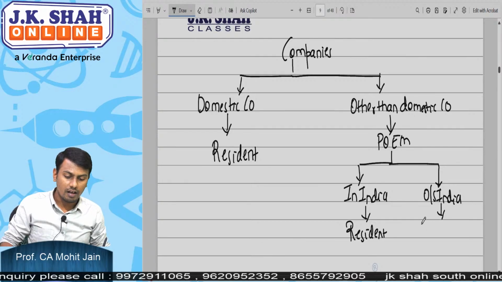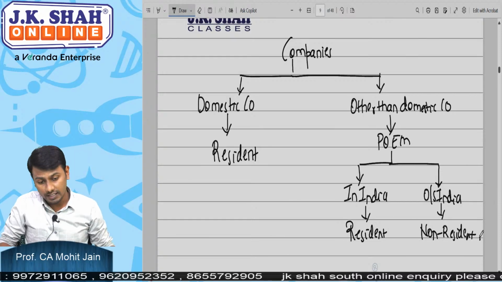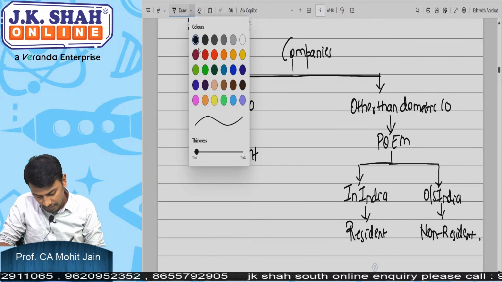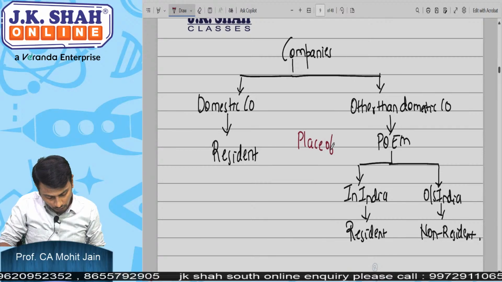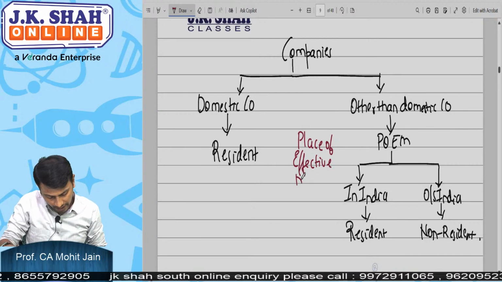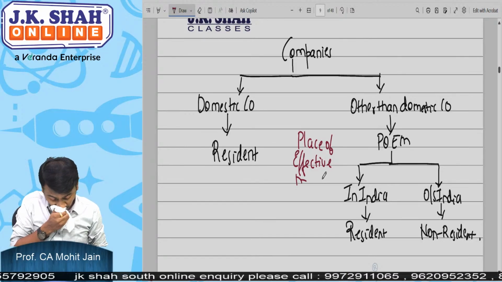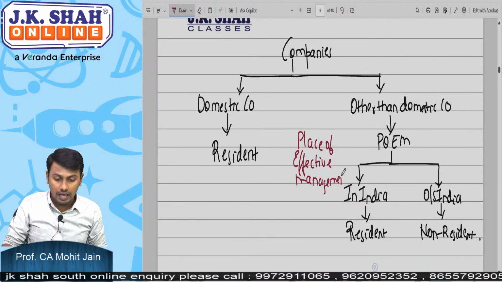Then the company will become a non-resident. Then the company will become what? Non-resident. See people, POEM basically means place of effective management. Place of what? Effective management.